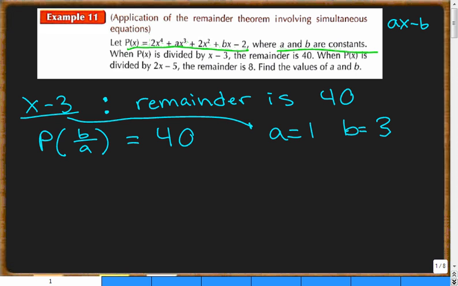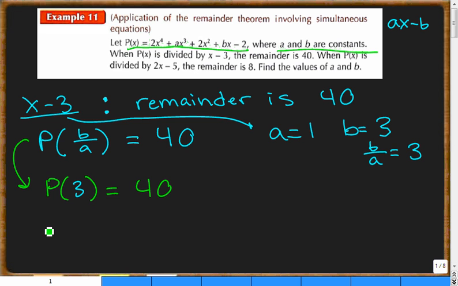So b over a equals 3 over 1, which is the same thing as 3. So p of 3 equals 40, based off this statement right there. We're going to plug this in and try to solve this down.